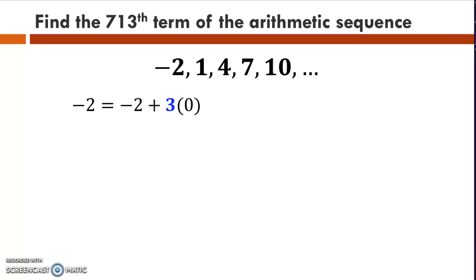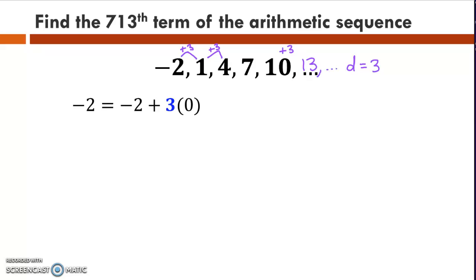So our common difference, what I'm adding to each term to get to the next term, is 3, right? Adding 3, adding 3. So our common difference, we say D equals 3. What would this next term be? 10 plus 3. I would get 13 as my next term, and then it keeps going on.